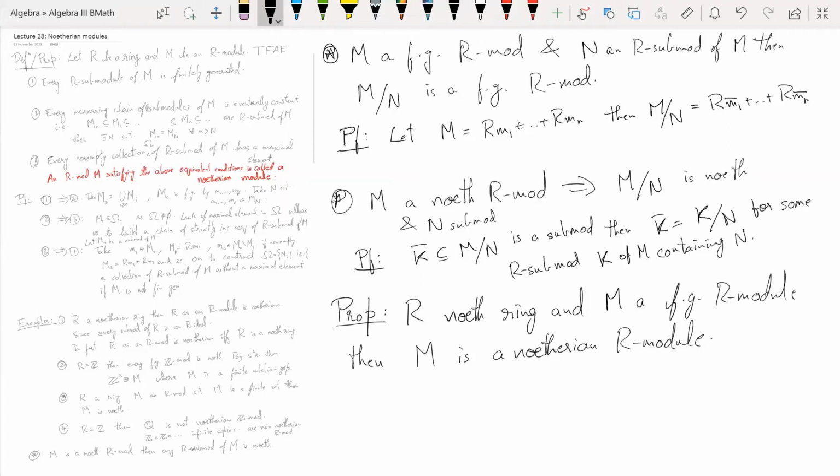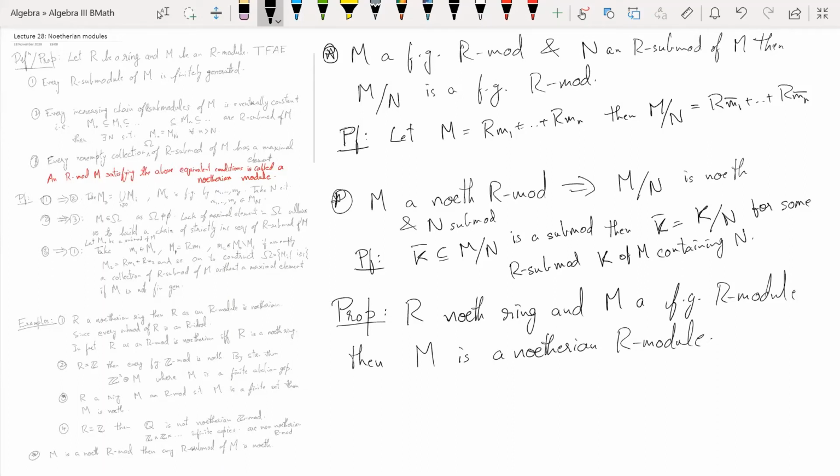Since M is Noetherian, K is finitely generated, and hence K bar is finitely generated. So every submodule of M mod N is finitely generated. So M Noetherian implies M mod N is also Noetherian. So Noetherian is closed under taking quotients and submodules.